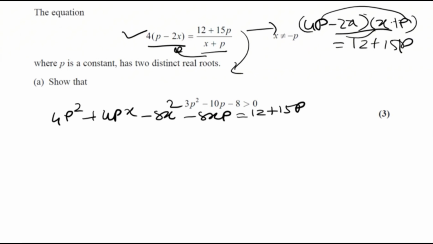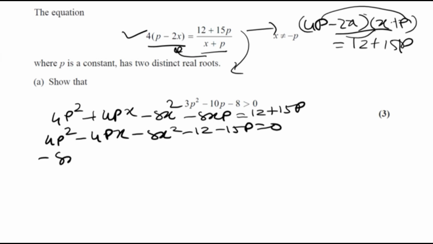Now simplify it further, so 4p squared plus 4px minus 8xp, that will give me minus 4px, minus 8x squared minus 12 minus 15p is equal to 0. Okay, simplify it further, so minus 8x squared minus 4px plus 4p squared, we are rearranging it, minus 15p minus 12 is equal to 0.